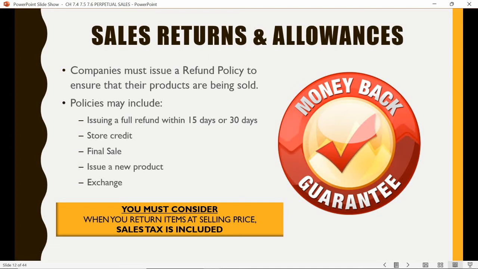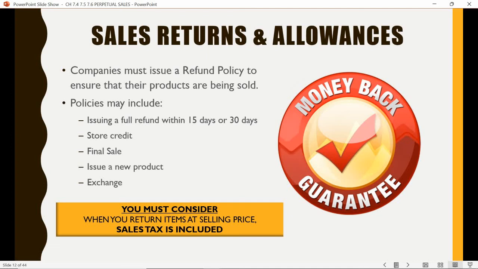Now, when you do this, you must include sales tax. Okay, sales tax, right? It's not your money. That money belongs to the government, and it's the customer that put money into buying the service, right?